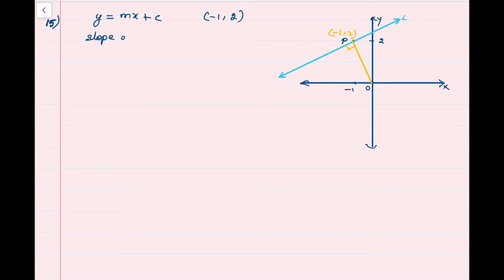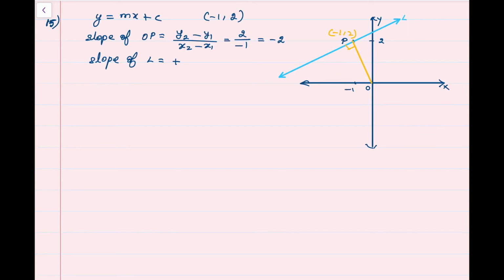Slope of OP is equal to y2 minus y1 divided by x2 minus x1. O is 0, 0. 2 minus 0 divided by minus 1 minus 0, which is minus 2. Therefore, slope of line L will be negative of its reciprocal.